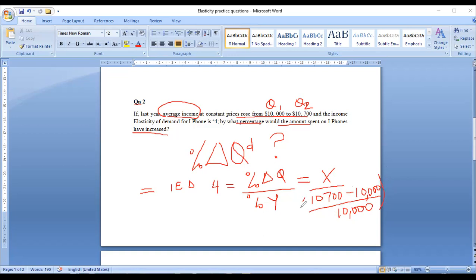So now you had inverted it the other way around, it to become what? 4 being equal to X divided by 7. And then we end up with our percentage change as equal to what? 28%. So members, someone had misled us.